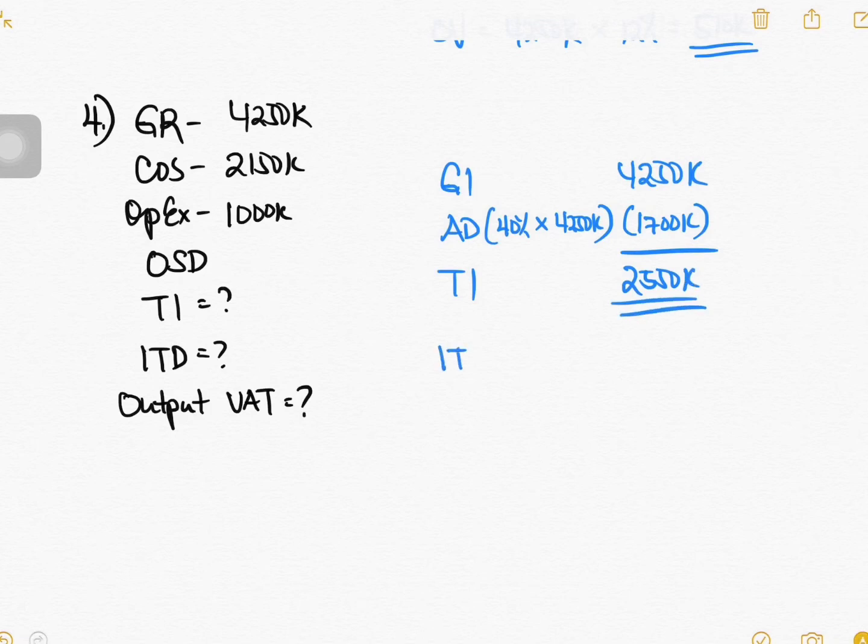So given that, what's your income tax due? First, get the basic amount. It's 490,000 plus 32% of the excess of your amount over 2 million. It's the answer.